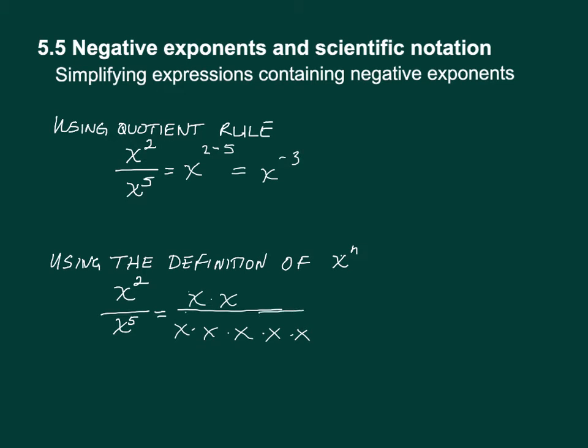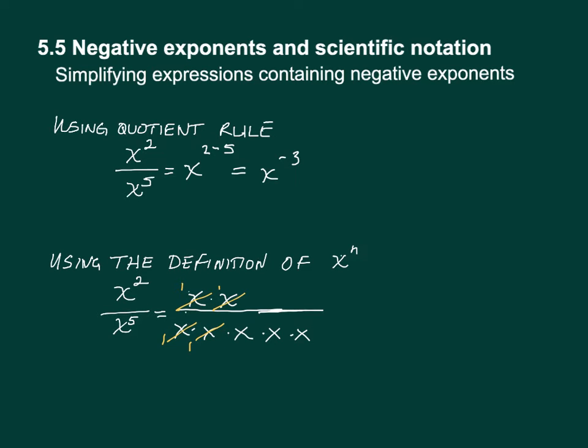And if you look at this and you cancel the two x's at the top with two of the x's at the bottom, remember these all become 1s. When two numbers cancel through division, when they divide out like that, you're left with a 1 in the top. Remember, it's 1 times 1.